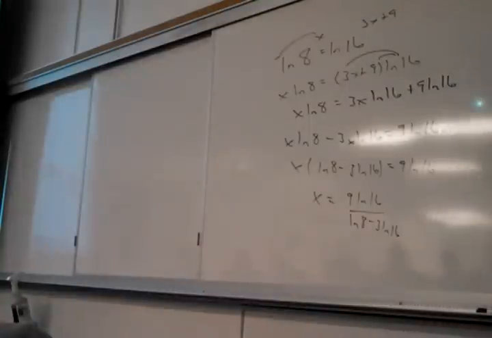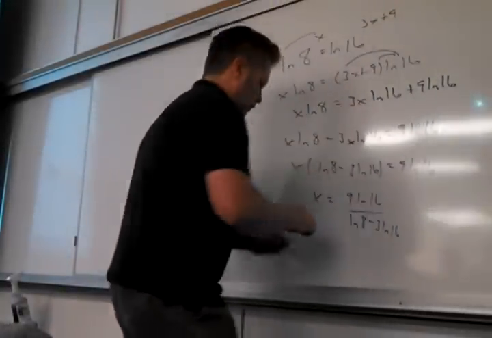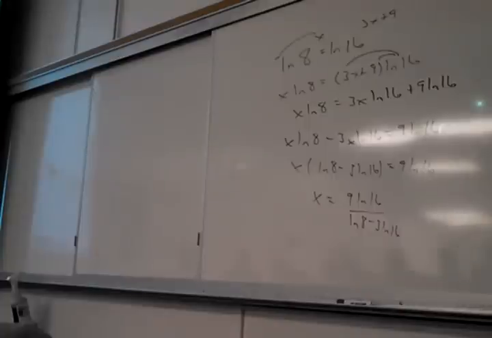Cool. Yes? When you try to get negative 4 out, did you put it in the calculator? So if you put this in the calculator, let's do it together. I put 9 ln of 16 divided by parentheses. Make sure that you close this parenthesis here, right?